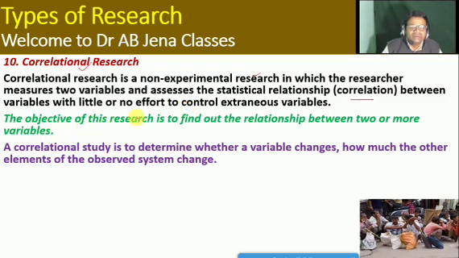The objective of this research is to find out the relationship between two or more variables. This research is carried out to determine whether a variable changes and how much the other elements of the observed system change.